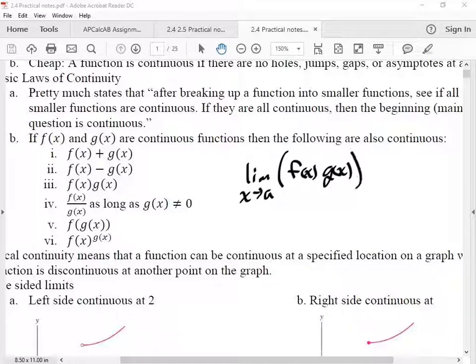You can see there are two functions in there. I can split them apart. You can find the limit as x approaches a of f of x, and multiply it times the limit as x approaches a of g of x. That's what a basic law of limits says you can do. And that's what I was referring to earlier when we took out the 4x.